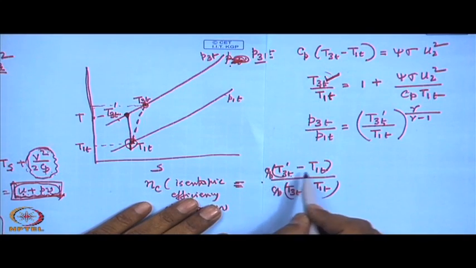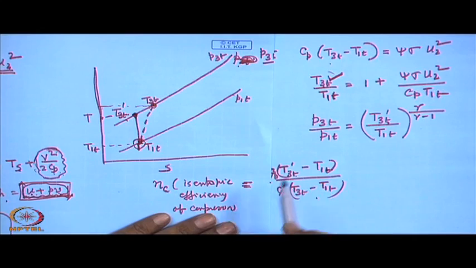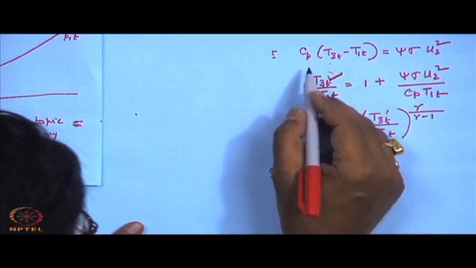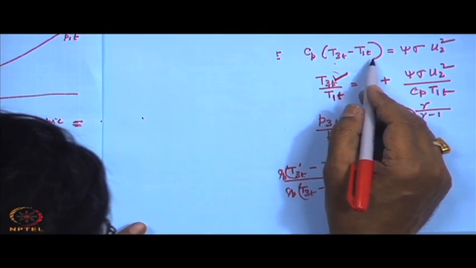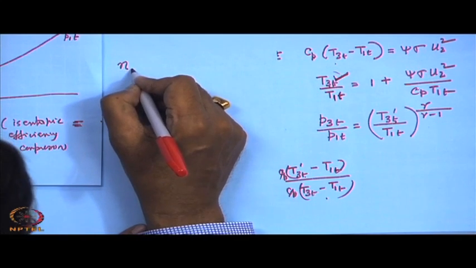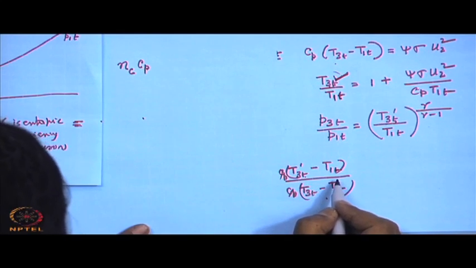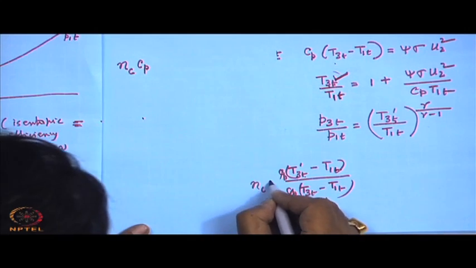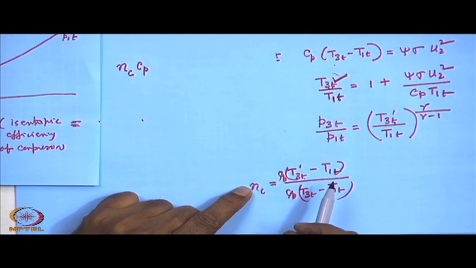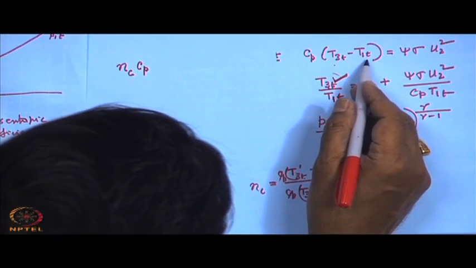So, the actual temperature rise can be written in terms of the isentropic efficiency of the compressor, eta C. So, what we can write is T3T minus T1T is equal to 1 by eta C into Cp into T3T dash minus T1T.